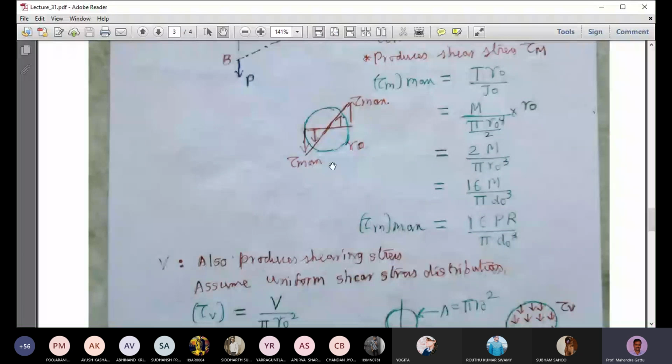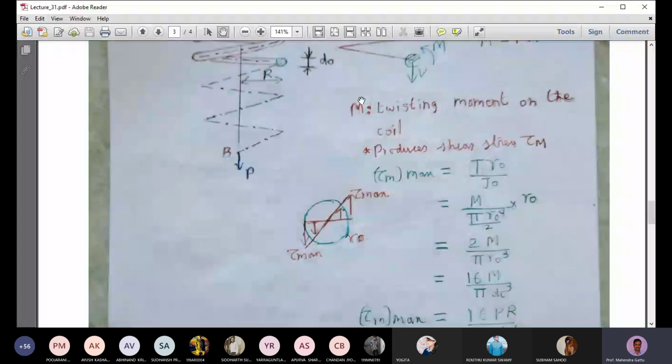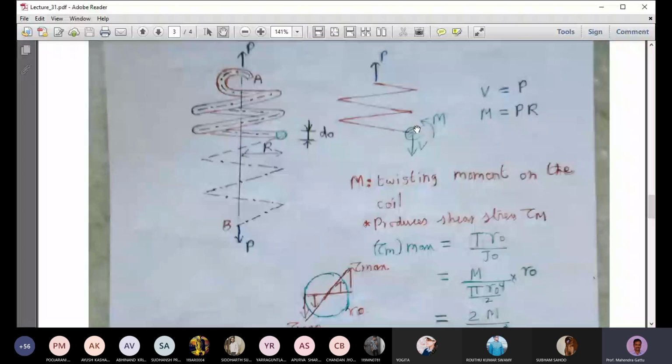Since the moment is acting in the anti-clockwise direction, the shear stress along that diameter will be in this way: here it will be upward, and here it will be downward. This is the interior of the coil and this is the exterior. In the interior part it acts downward, and in the exterior part it acts upward. This is the shear stress produced by the twisting moment M.